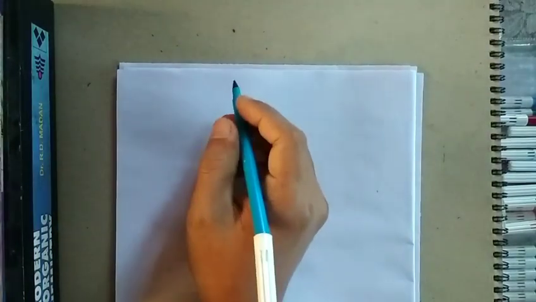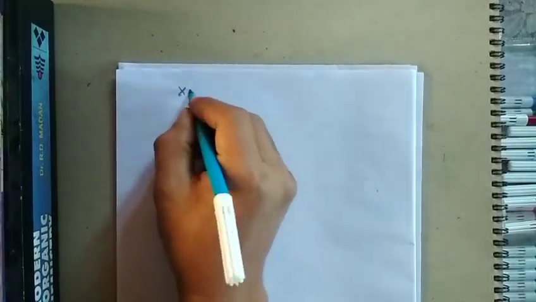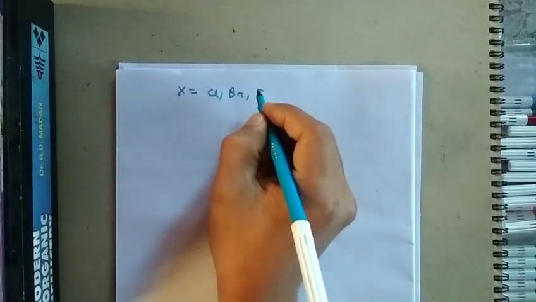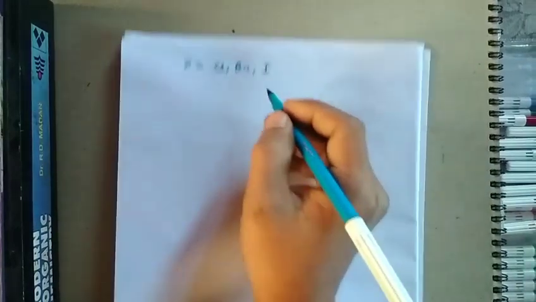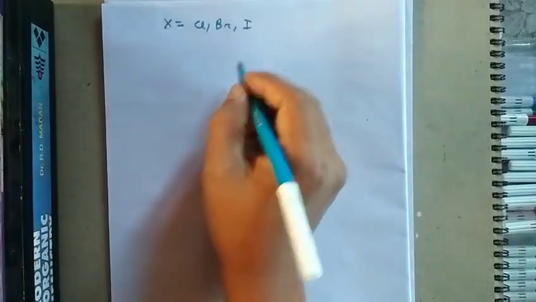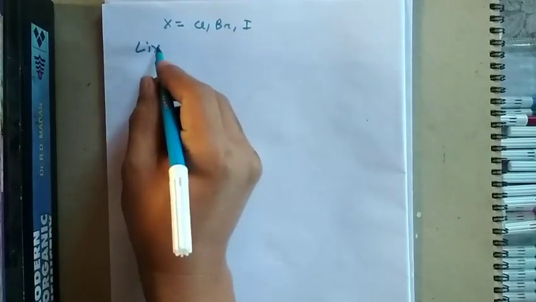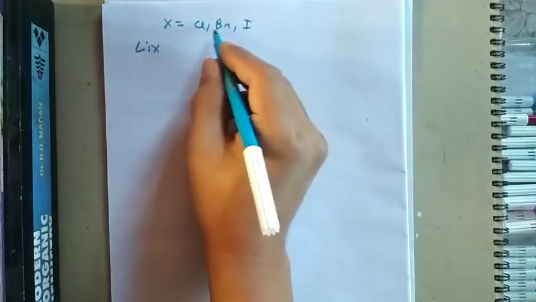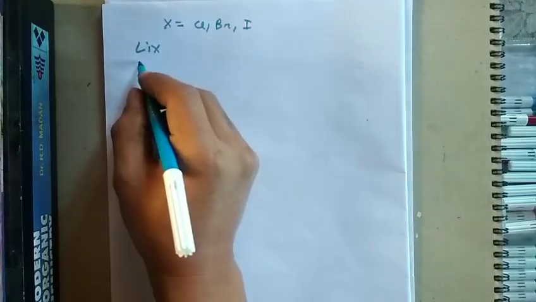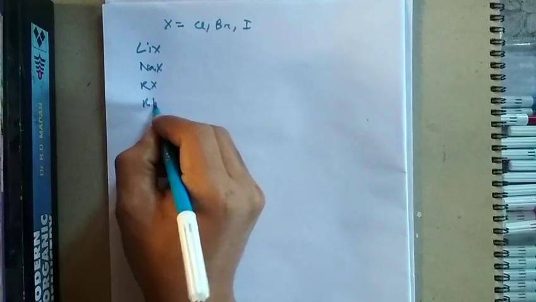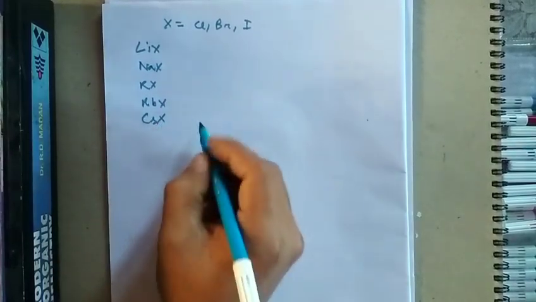Now let's see for other halides of alkali metals. If we take X equal to chlorine, bromine and iodine, for simplicity let's take X equal to Cl, Br, I, so NaX, KX, RbX, CsX.